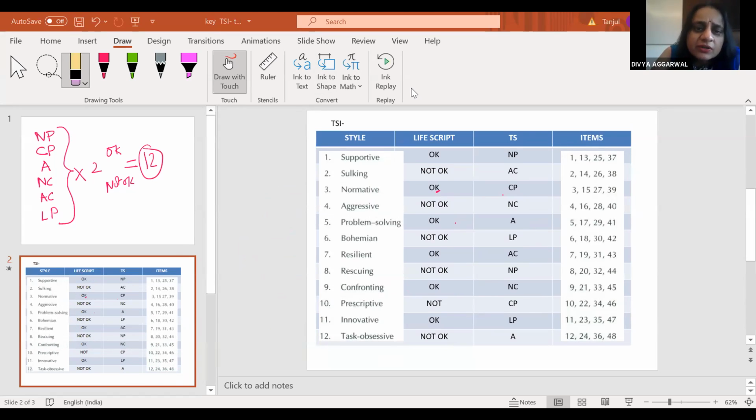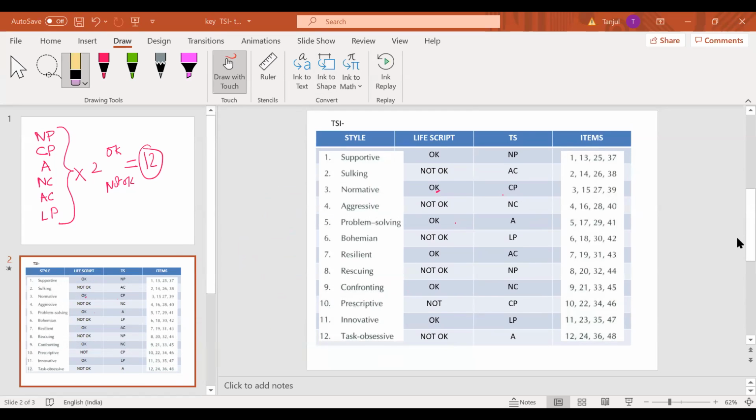If the not okay style score is not less than 11, the idea is we should try to make it less than 11. And how do you do it? You revisit. Suppose this is a not okay style and your score in it is greater than 11, suppose it is 13.